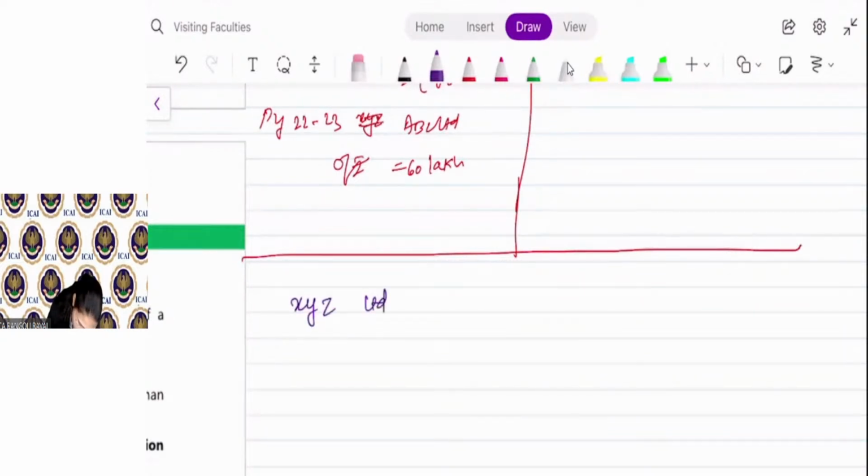XYZ Limited turnover in last year is 12 crore. ABC Limited turnover in last year is 15 crore.